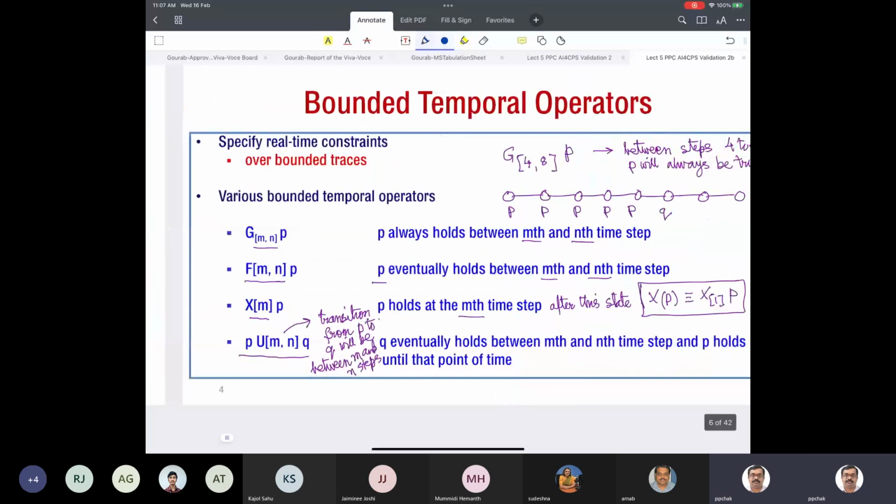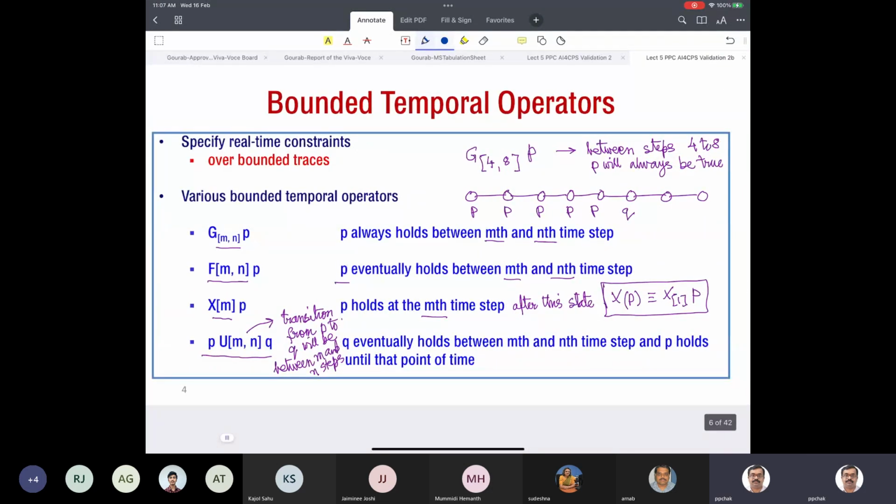We also discussed the timed versions of these operators. When we write G 4 8 P, as given here, we mean that the property P is true on the trace between 4 and 8. So all steps from 4 to 8, it is true.